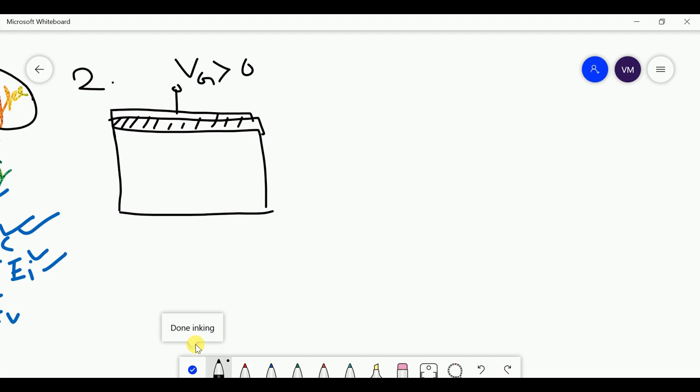What will happen? The depletion layer has appeared at the silicon surface. Now we need to calculate the depth of the depletion layer, and we need to calculate the total charge in this depletion layer. We need to calculate two things. So let us start.